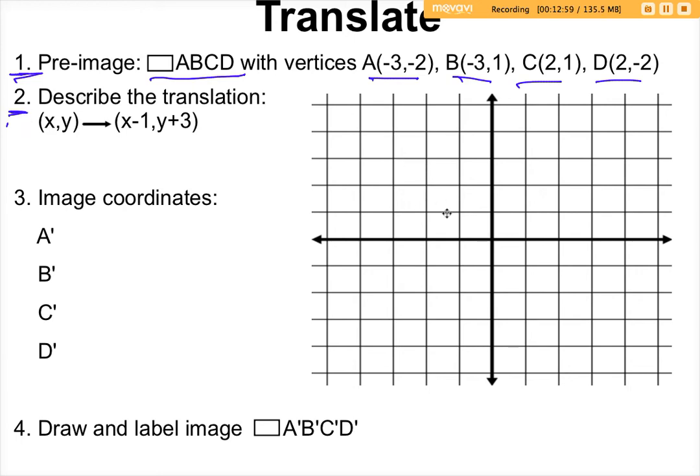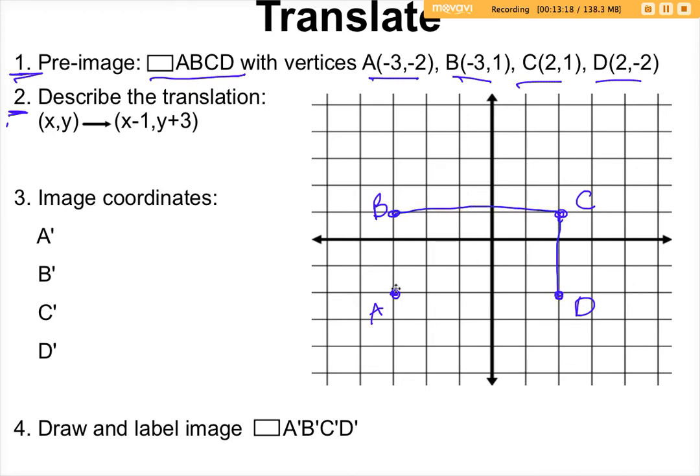We can go ahead and draw it right now if we want. So A is -3, -2. B is -3, 1. C is 2, 1. And D is 2, -2.